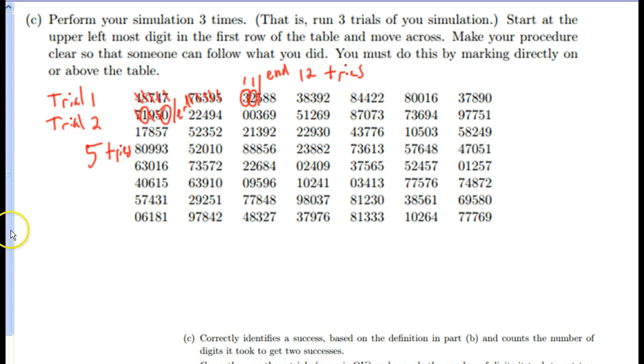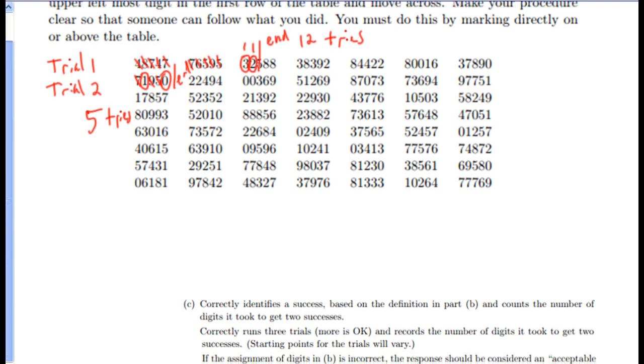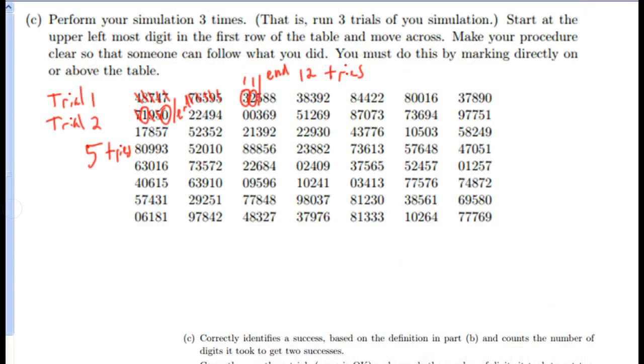And the rubric for this one, I'll let you one more trial, sorry. And the third trial was 1. And so that took 7 tries.